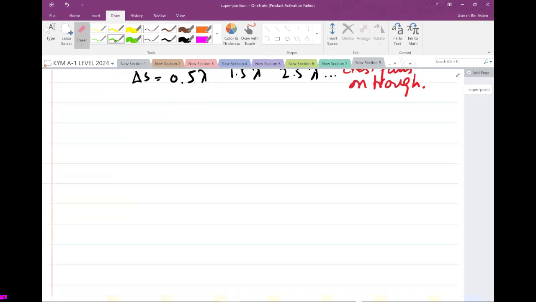Okay, let's see. These are the two light sources, and that's the screen that is being formed. And on the screen, I'll show you red spots. So there will be a red spot, then there will be a dark spot in the center, and then there will be bright spots like these.